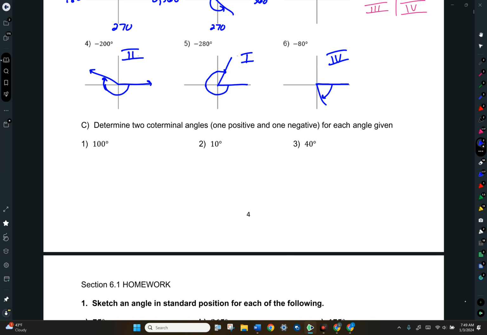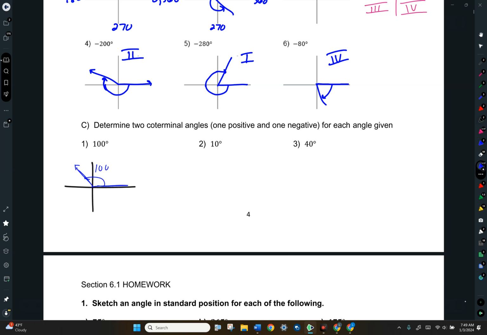Okay, determine 2 coterminal angles, one positive and one negative for each angle given. Okay, so we're not including 100 as the positive angle. So again, you don't have to draw it, but this is just something for us to think about. So if I have a 100, that means I'm rotating right over here into the second quadrant.